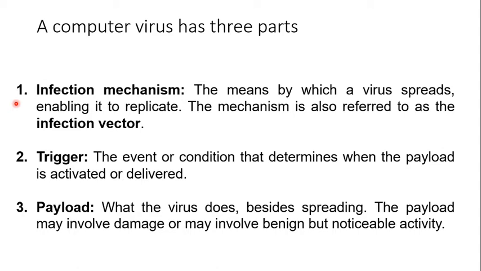The infection mechanism is the means of replication. Whether you affect or destroy or not, you have to keep replicating by yourself and infecting the other cells of the body. In the same way here, it replicates itself and moves to other unaffected, normal files.